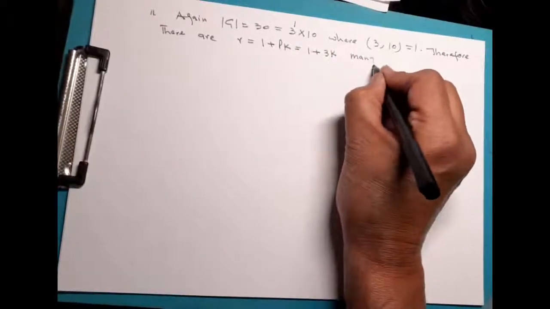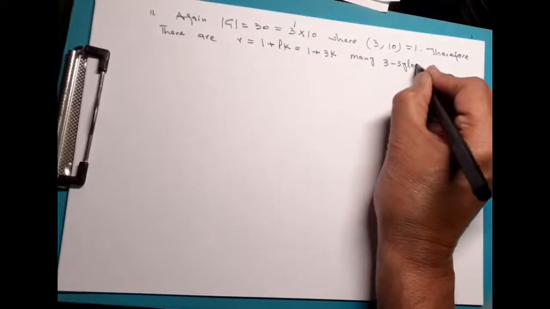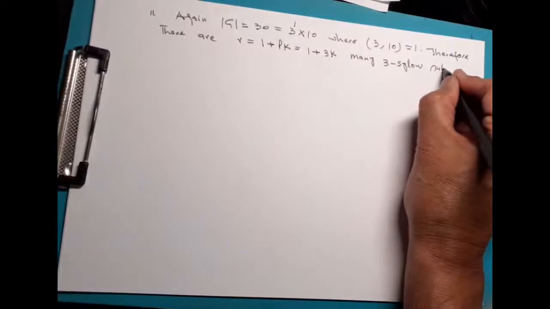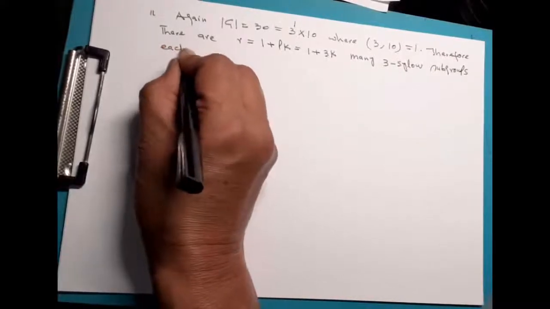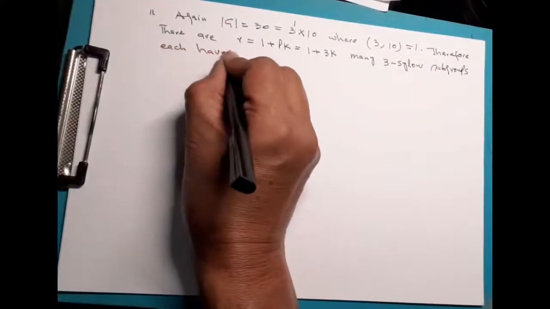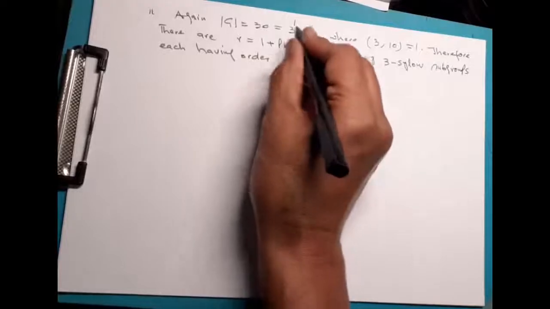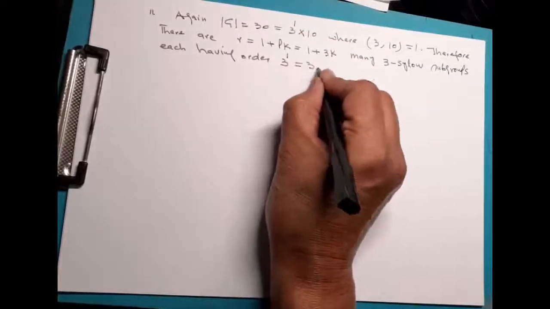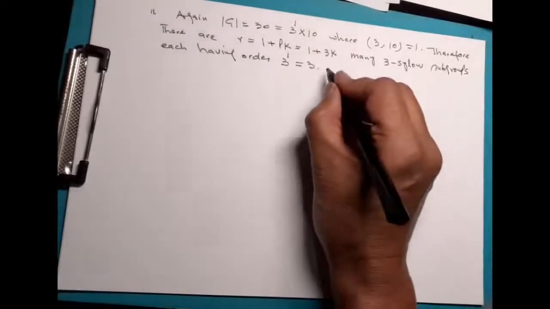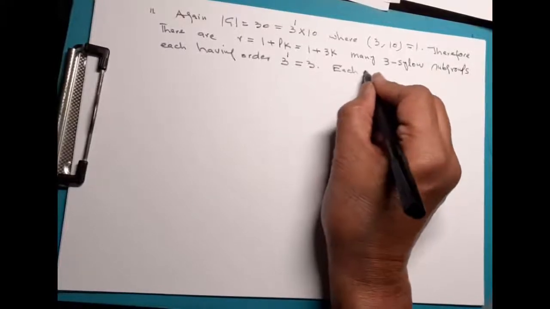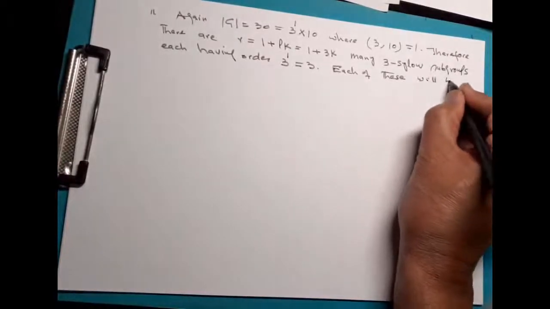Each of these has order 3 raised to power 1, which is equal to 3. And each of these will be cyclic again because 3 is a prime.